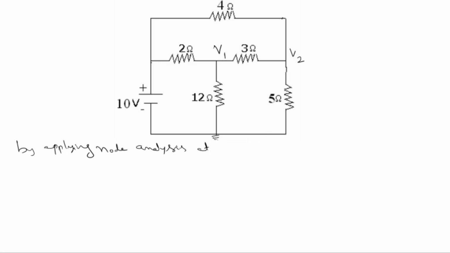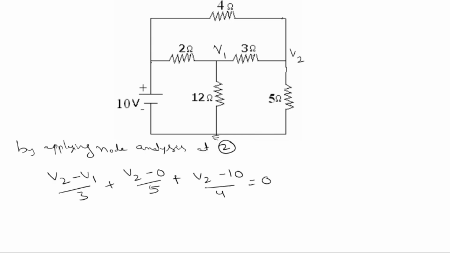Similarly, by applying nodal analysis at node 2: V2 minus V1 by 3 plus V2 minus 0 by 5 plus V2 minus 10 by 4, which is equal to 0. For this 4 ohm resistor, one side voltage is V2 and the other side voltage is 10 volts. Here we are taking the reference as node 2, that's why V2 minus 10 by 4.